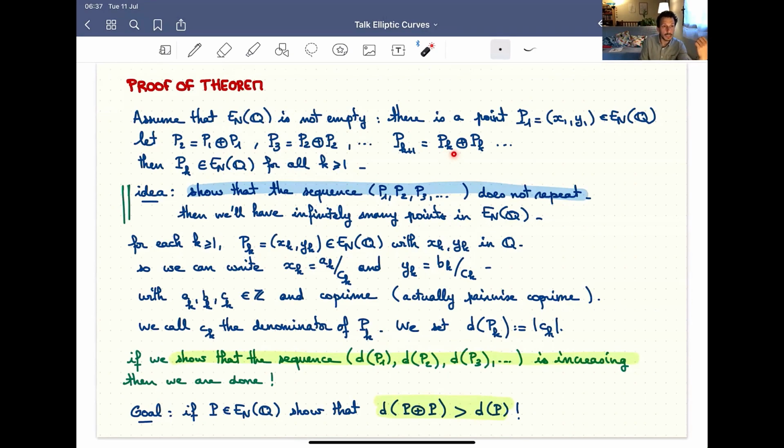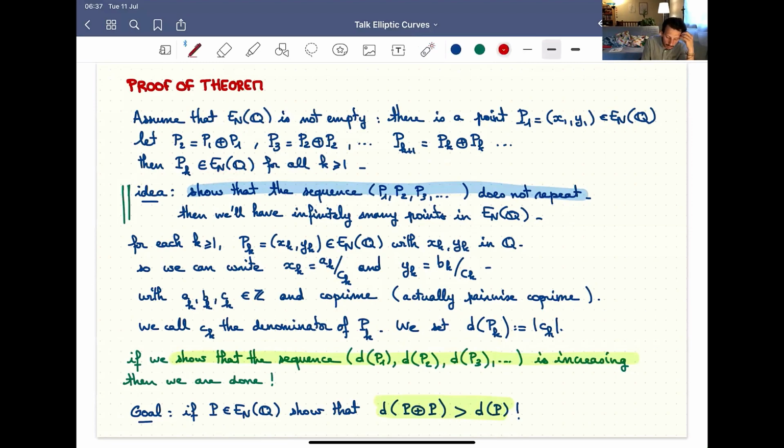If we have computed P sub k for an integer k, then we compute P sub k plus P sub k, and we call this point P sub k plus 1. And if you work out the details, you can check that the point P sub k is an actual point on E(Q).